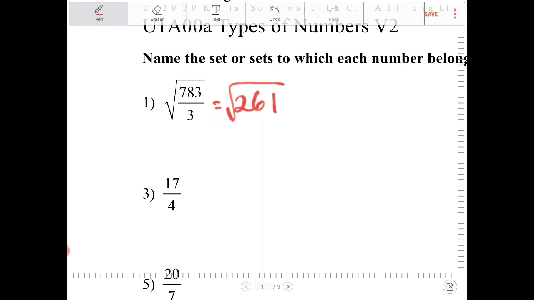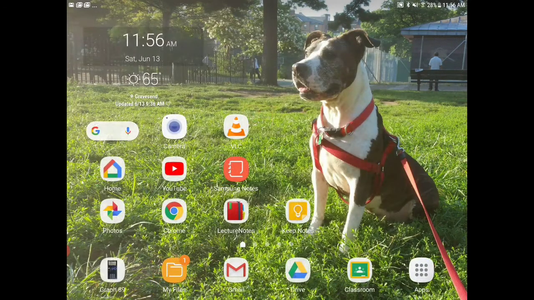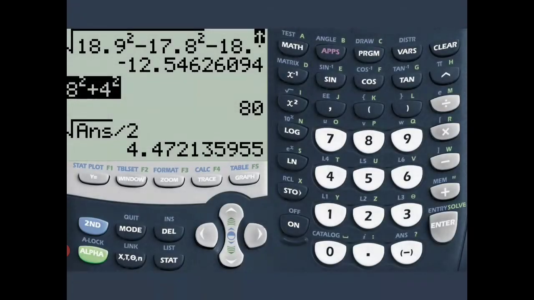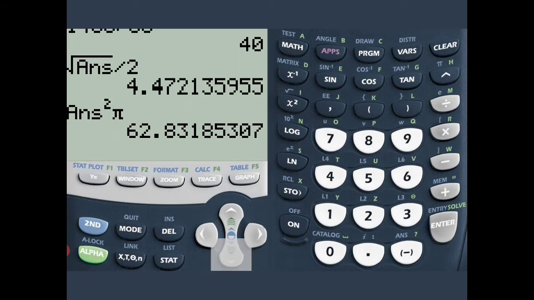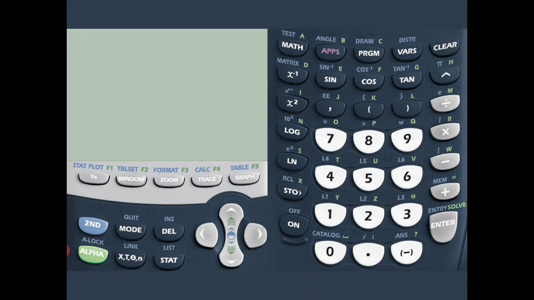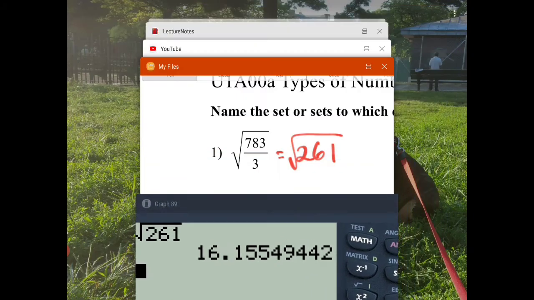Let's take a look at that really quickly. If I take the square root of 261, I end up with a non-repeating set of numbers here.